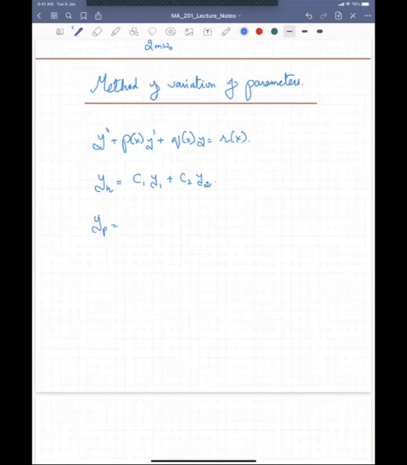In this case, since I don't know the particular solution, I'm going to say that the particular solution can be written as something similar. Just as I wrote the second solution as u times y1, I'm going to write the particular solution as something times y1 plus something times y2. But these somethings are not constants, because if they are constants, that is exactly my homogeneous solution.